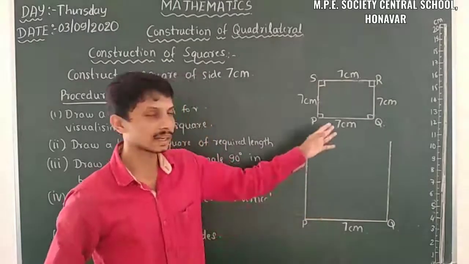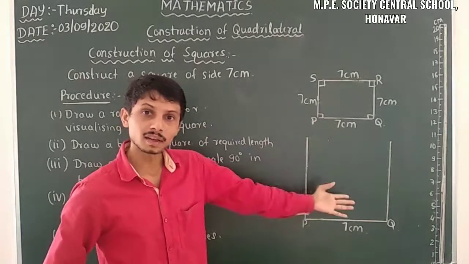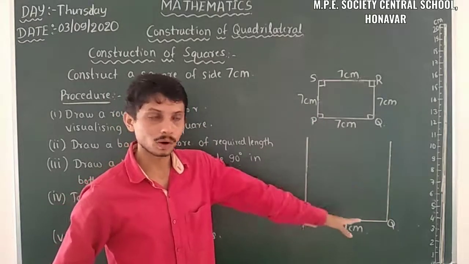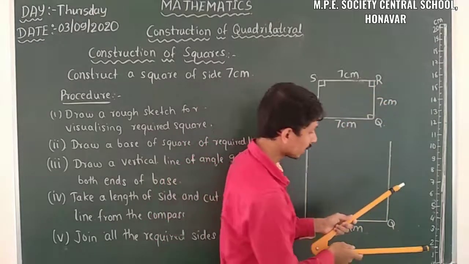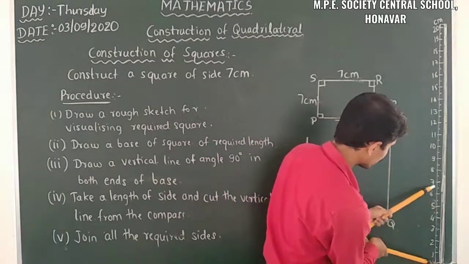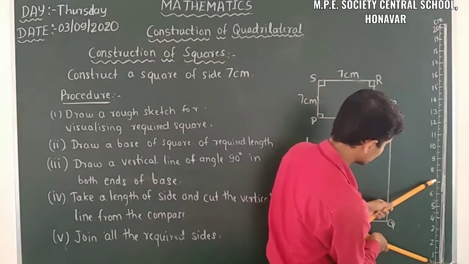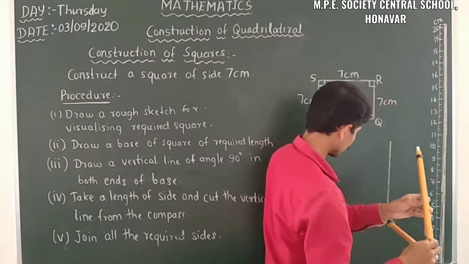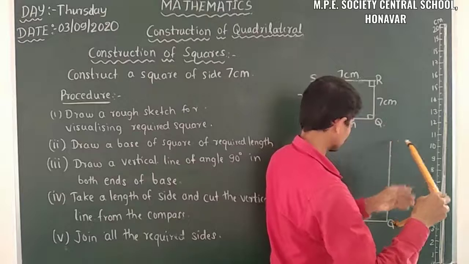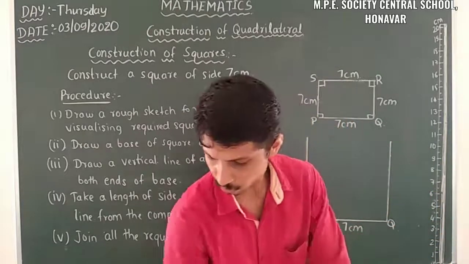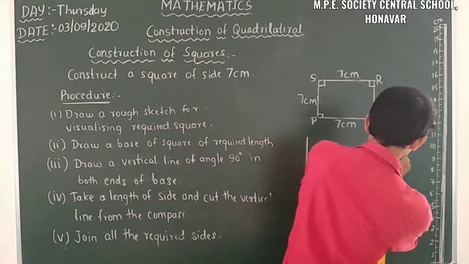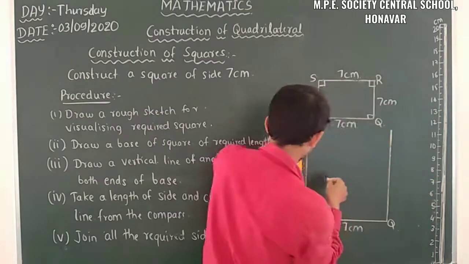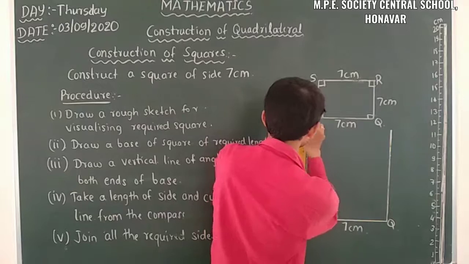Then what you have to do, take a length of each side and then cut the vertical line at the required point. So here we have to take the 7 cm. So I will take the 7 cm here. Then locate the point. So you can easily cut the point.